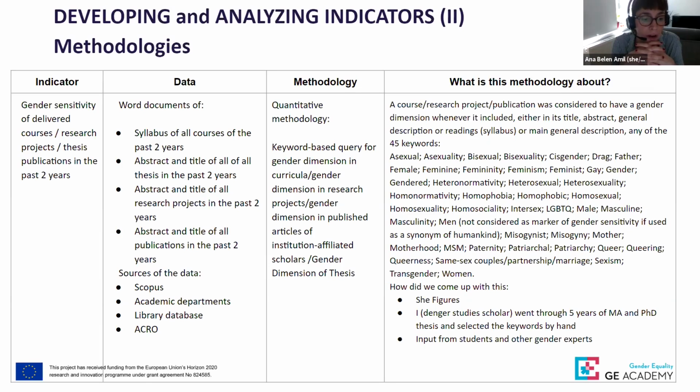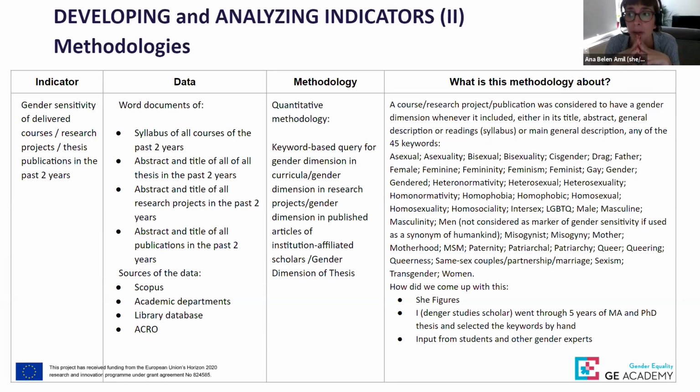And the research projects are managed by our academic cooperation office, which is basically the unit that manages funding for research. So they have all the projects. So this is the quantitative methodology that we use, the keyword-based query, for all of the indicators that I just showed you.